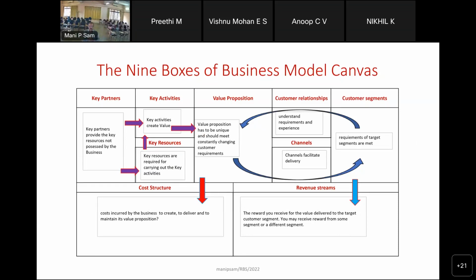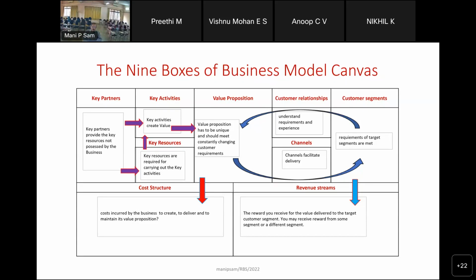Very simple. So the value proposition has to be based on the customer requirements, and it has to be delivered through channels, and the customer relationship is essential to understand the requirement as well as to see what is the customer experience. The value proposition should be unique, but at the same time, it should meet the changing customer requirements.